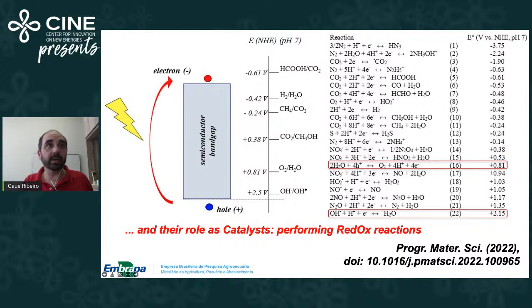These OH radicals are very strong oxidant radicals with a very deep potential, so almost any kind of organic molecule can be oxidized using this radical. On the other hand, if we have an oxidation reaction, naturally we need to have a coupled reduction reaction.